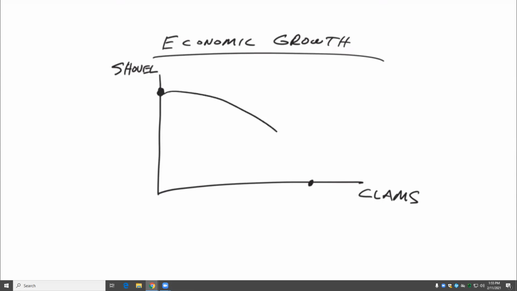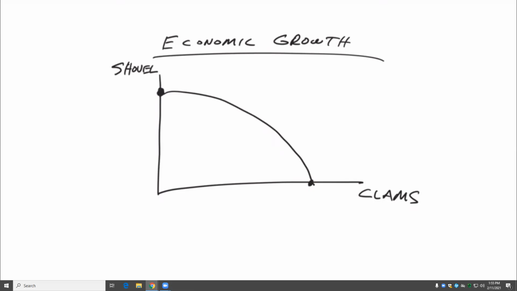And we'll connect the two dots, and you can make a variety of combinations in between. So, you're here. You're right here. This is all you do all day long. You dig for clams and you eat the clams.